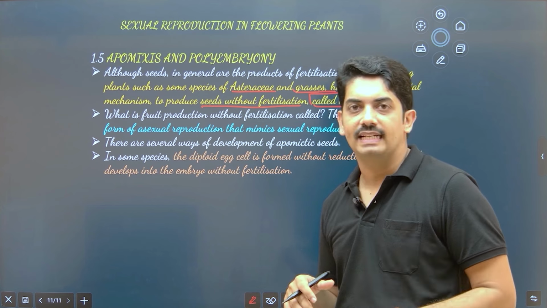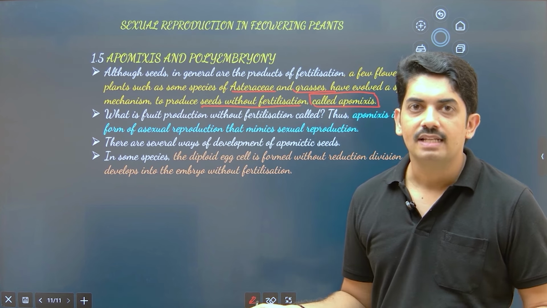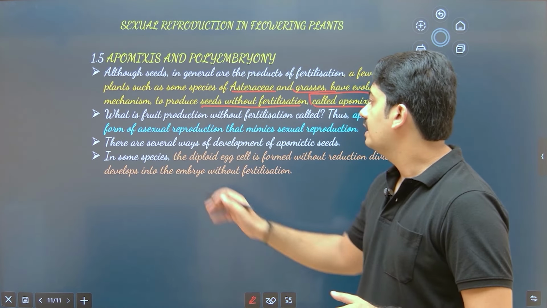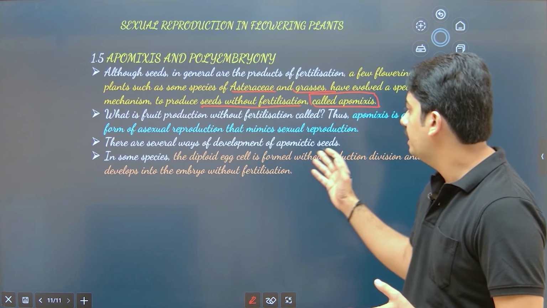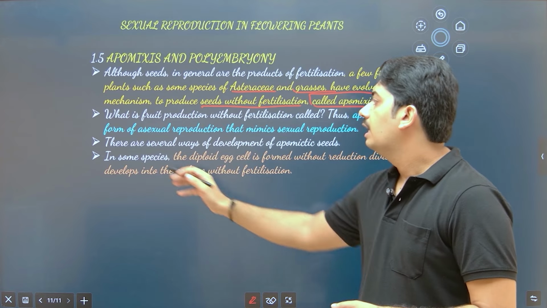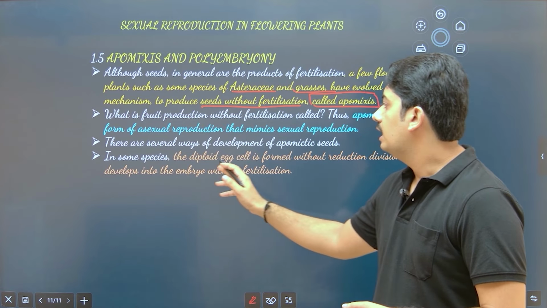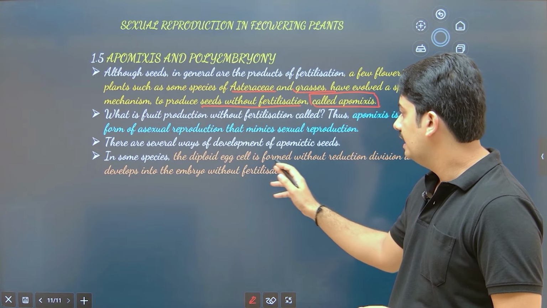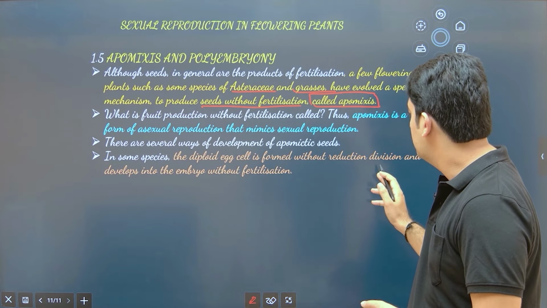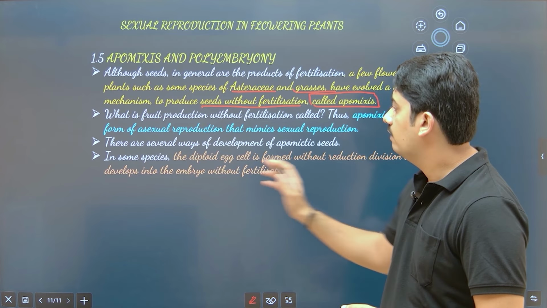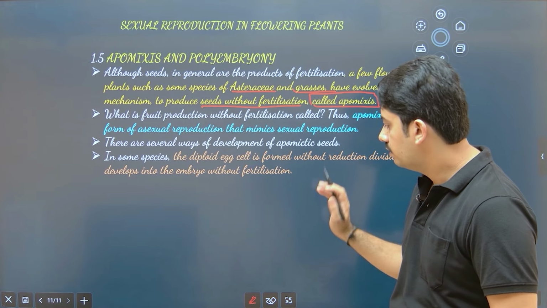It produces the seed. Seed production is only observed in the sexual mode of reproduction. So there are several ways of development of apomictic seeds. In some species, a diploid egg cell is formed without reduction division, and develops into an embryo without fertilization.